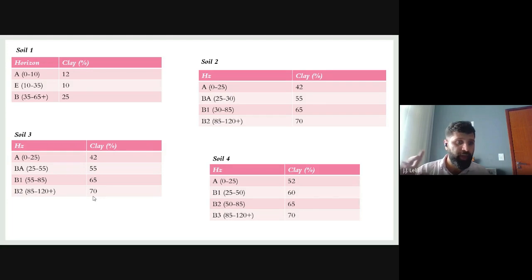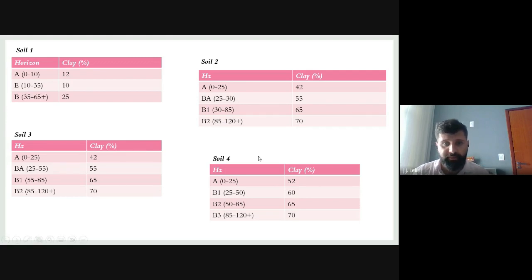We will see that there are other diagnostic criteria that could identify an argic horizon, but following the increase of clay content, it's not following the necessary increase to identify an argic horizon, okay?